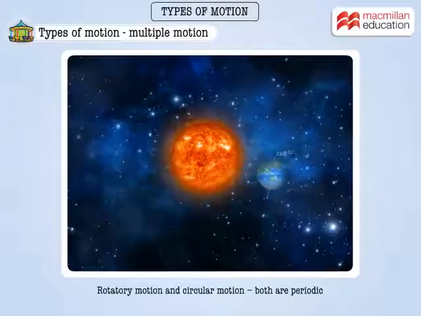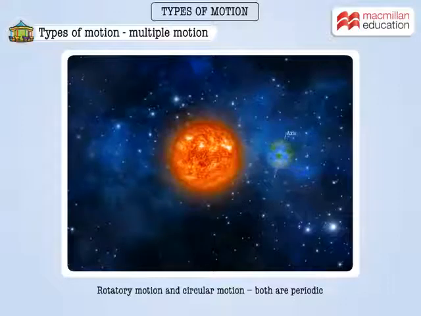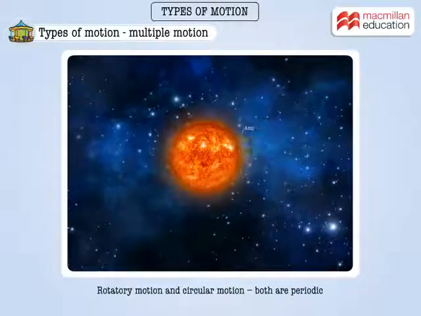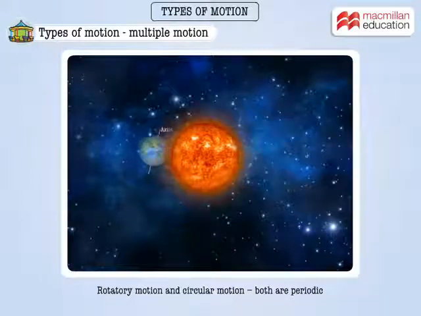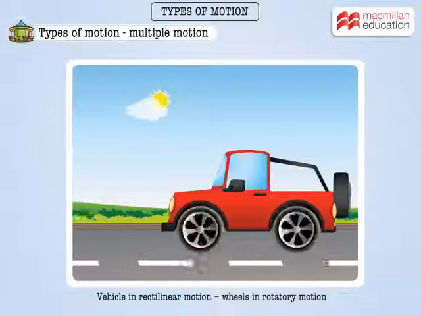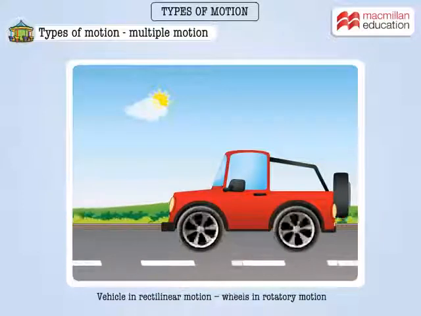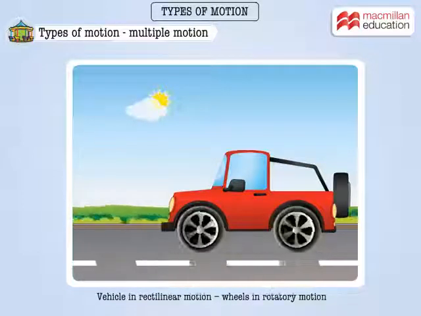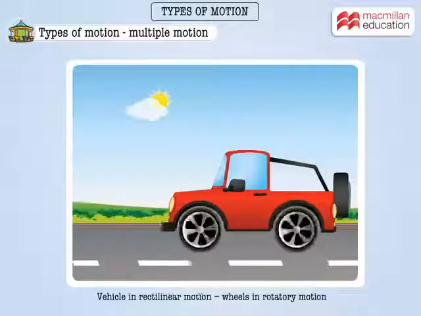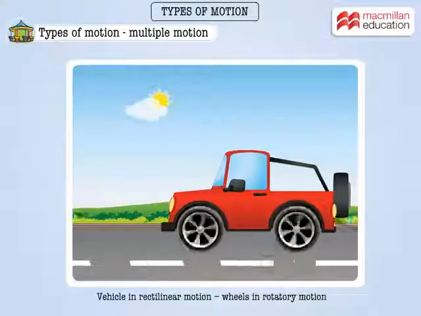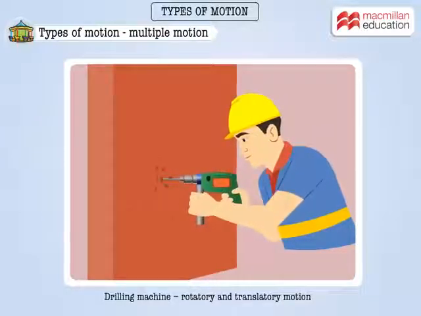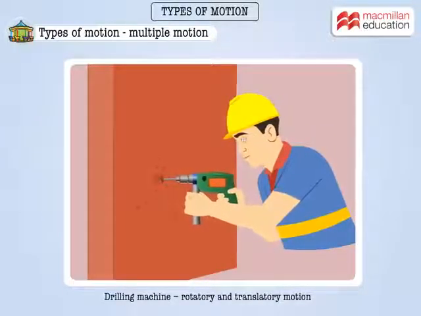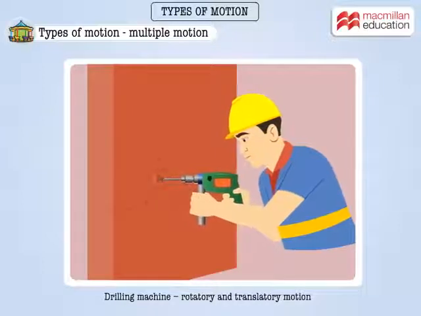That is, it simultaneously undergoes rotatory motion and circular motion, both being periodic. A vehicle moving straight on a road is in rectilinear motion, but its wheels are in rotatory motion. Similarly, rotatory motion and translatory motion can be seen in a drilling machine.